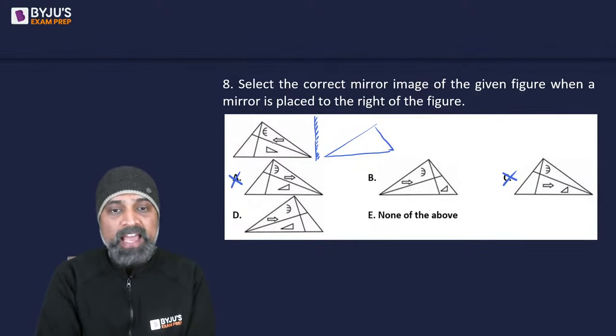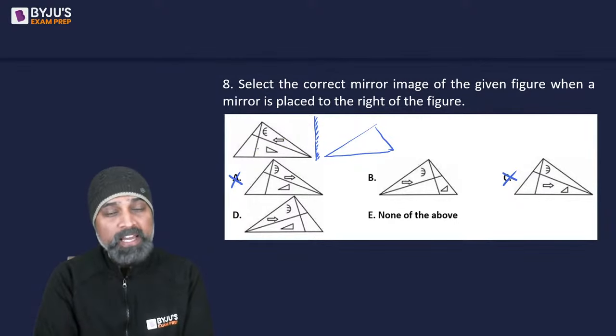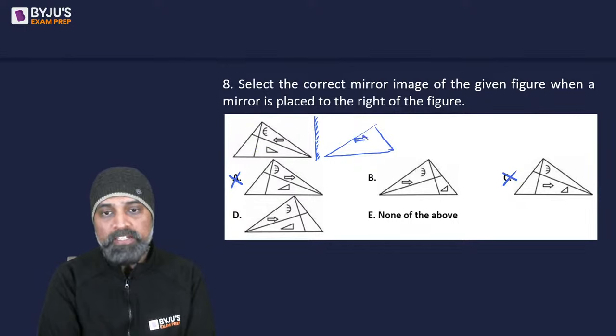Now, since we have an arrow which is pointing on the left on the actual image, so we are going to have an arrow that is going to point towards the right in the mirror image, right? And it's going to be right here, right? So it's not going to move to bottom or someplace else. Okay.